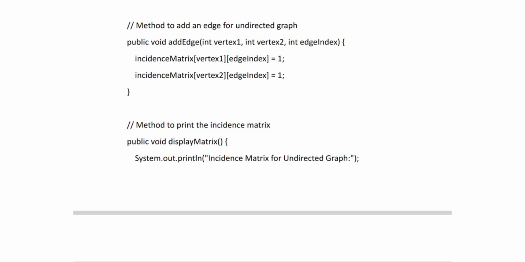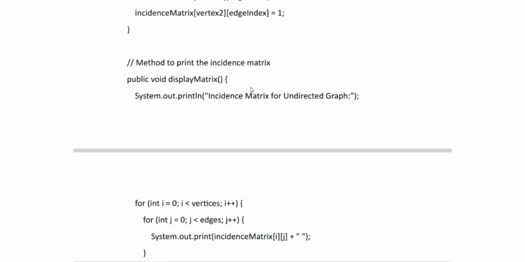The addEdge method connects two vertices by setting ones in the incidence matrix. Vertex 1 and vertex 2 are the indices of the two vertices connected by the edge. Edge index is the index of the edge in the matrix. This method sets 1 in the matrix for both vertices at the edge index, marking their connection by this edge.